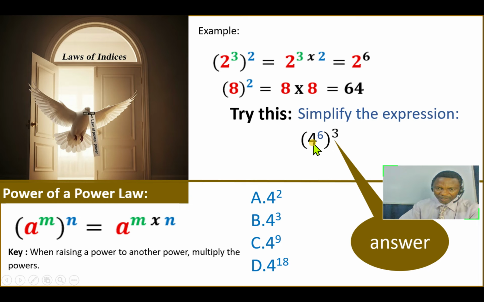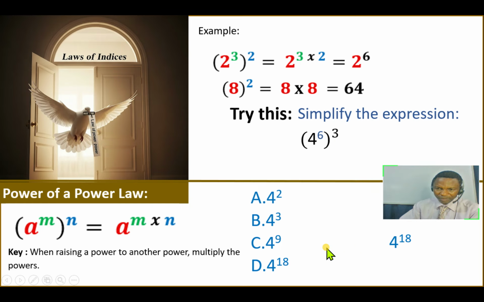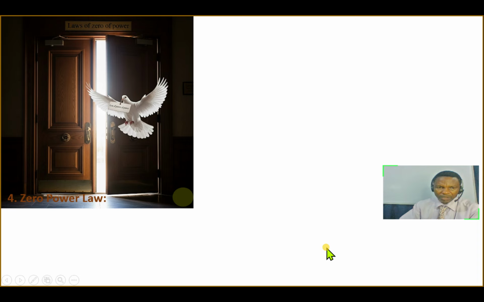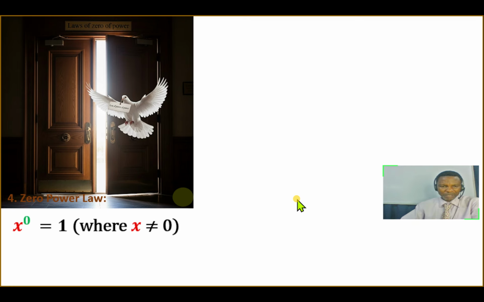What do you think is the answer to this? 4 raised to power 6, all cubed. Correct. So let's go to the zero power law. Anything raised to power 0 is 1.